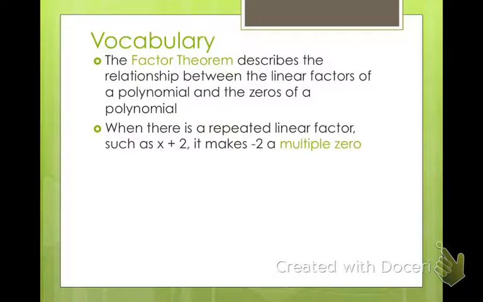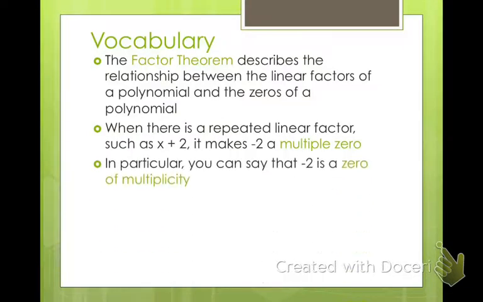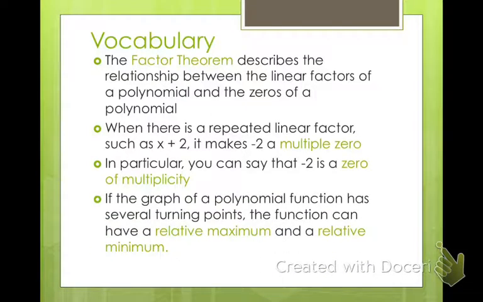So if you have x plus 2 and you factor, your solution is x is negative 2, but since you have it twice, we call that a multiple. In particular, you can say that negative 2 is a zero of multiplicity, and in the homework it'll ask what our zeros of multiplicity are, and then how many times. Is it 1 zero? Is it 2 zeros?